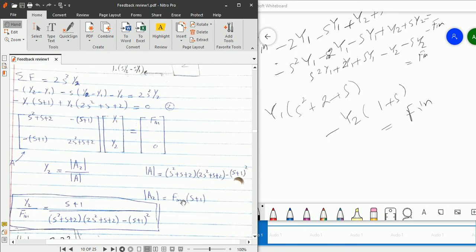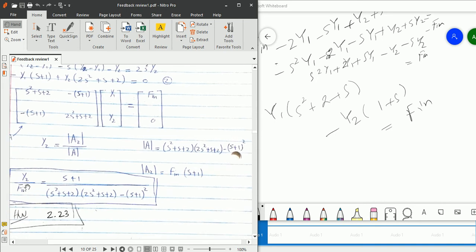Very easy. Now just divide these two, you will get your transfer function. Okay. And when you have f in here, make it below here. Okay, so you got your answer. This is your answer. S plus 1 over s square plus s plus 2 into 2s square plus s plus 2 minus s plus 1 whole square. You can simplify it further, but it is not needed.